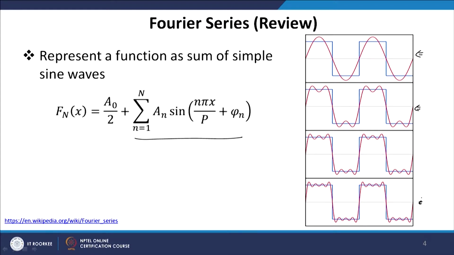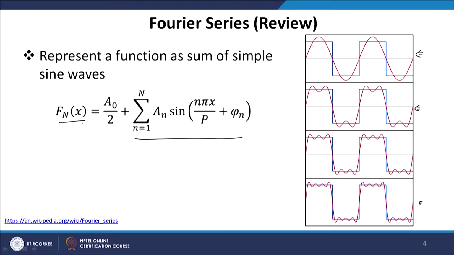So, this is how we can represent a periodic function f n x, where subscript n represents that there are total n terms taken in the series, and this function, which represents the square wave in this example, is represented by this form of series, and this series is called Fourier series.